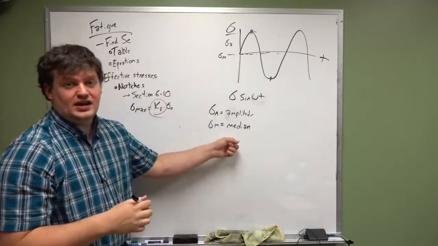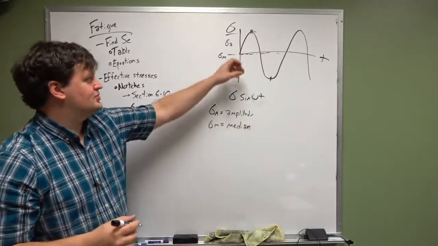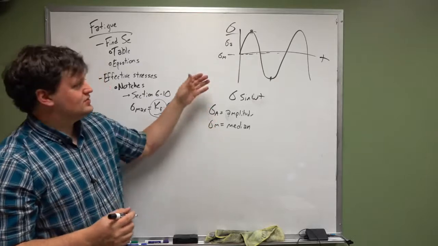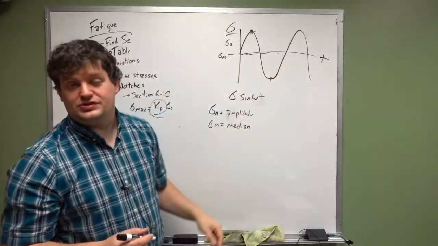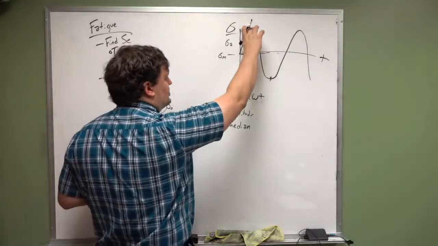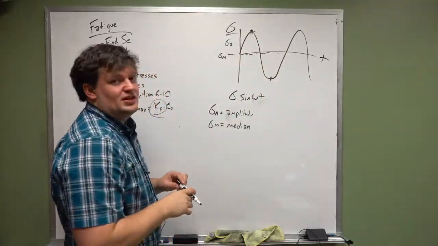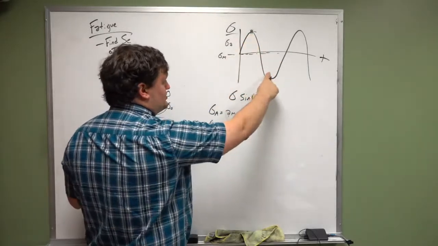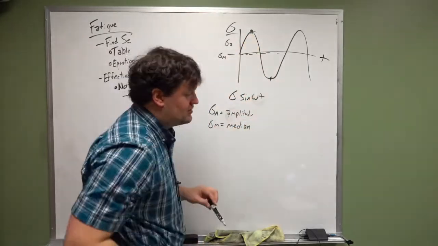Median stress and your amplitude stress. Your amplitude stress is half the distance between the two. Your median stress is the middle point between the two. Okay, so your median stress plus your amplitude stress is going to equal your maximum stress, and your median stress minus your amplitude stress is going to equal your minimum stress.